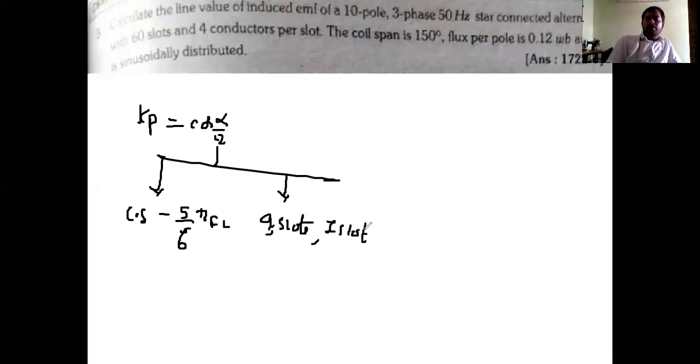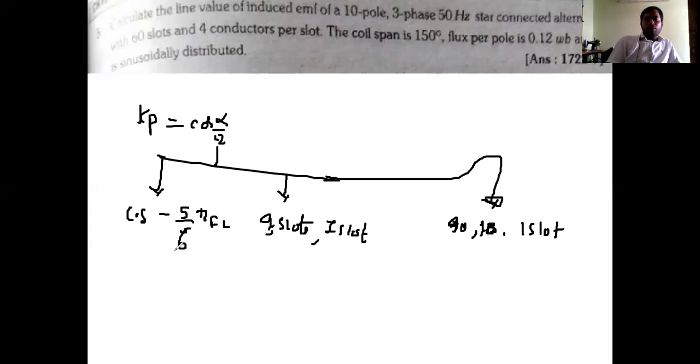Another one is they will give 10 slots or 40 slots, and the number of poles, for example 10 poles are available, and short pitched by one slot.